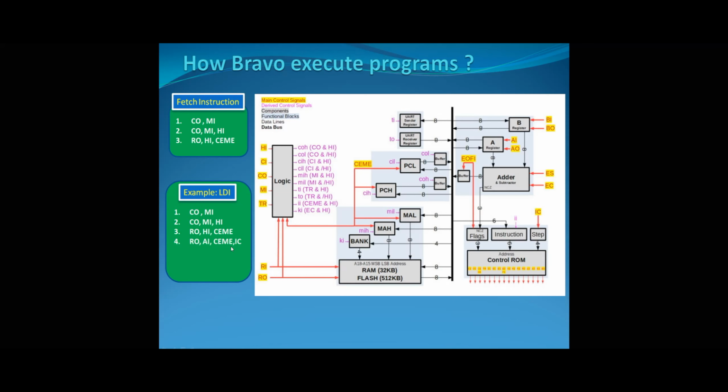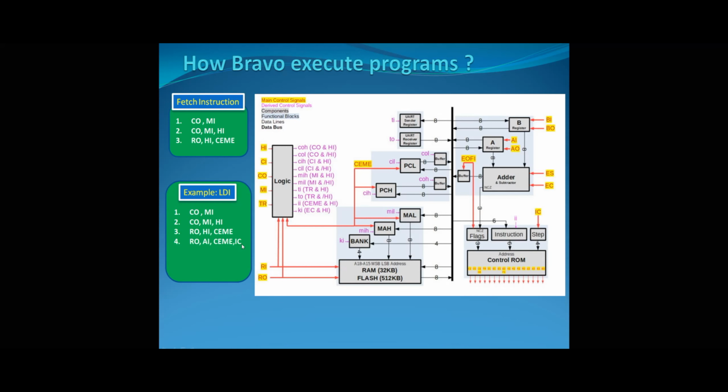Now, as you can see, we also have CEME, which means we are counting to the next step in the execution of the program. And finally, we have the IC, and that's a very specific signal that we have here, and we're going to talk about that in a minute.